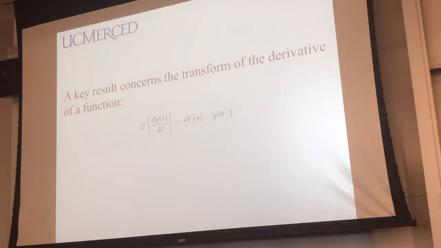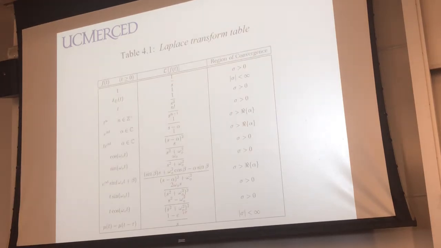So for the derivative y and capital Y of S, this is what they call the derivative property or derivative law. So we usually use the Laplace transform like this, okay?